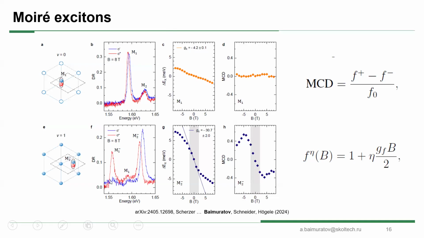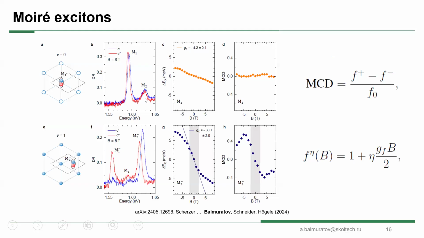One just disappears because you change the position of the conduction bands. You put electrons only into one valley, and you can create only one polarization. It's a pure monolayer effect, which is why I'm not showing you this part. You see, it just disappears.